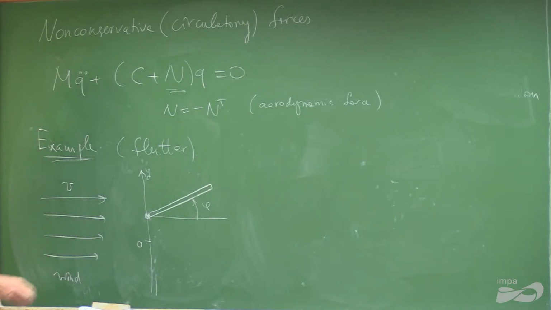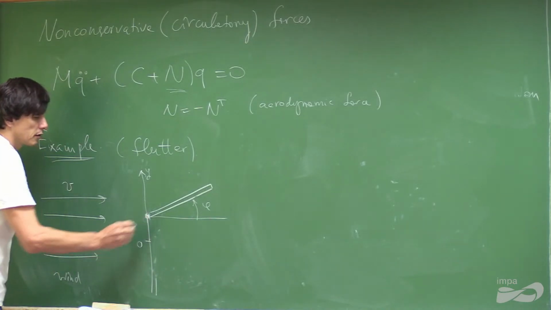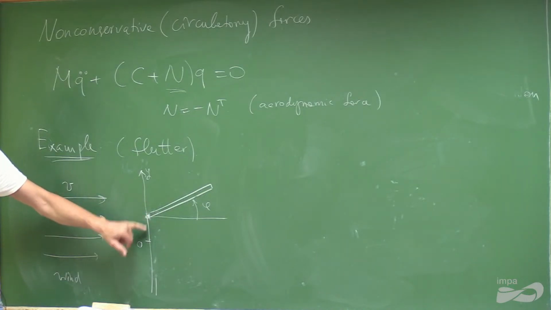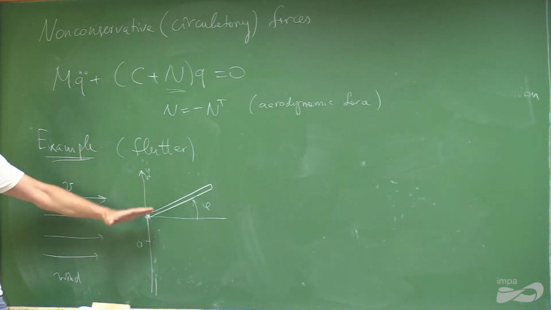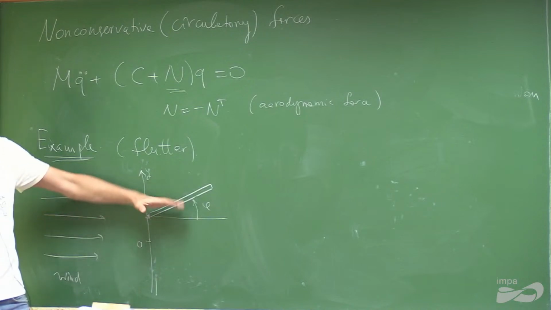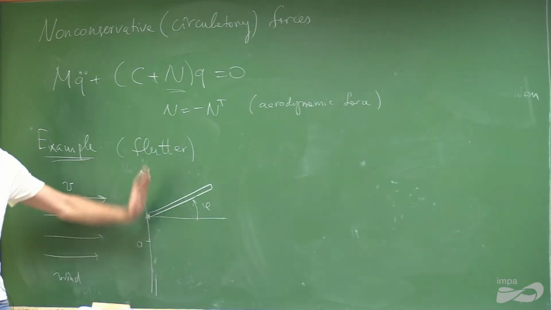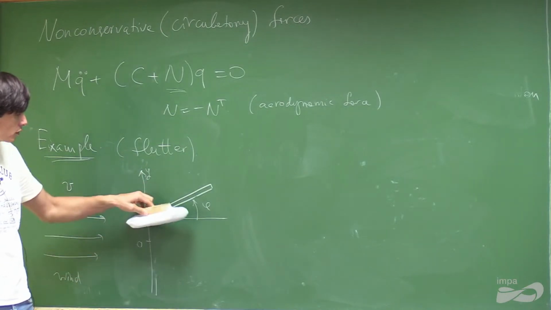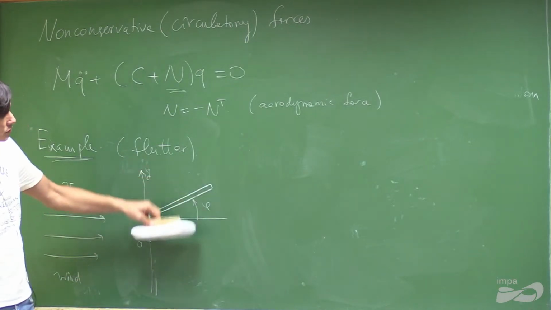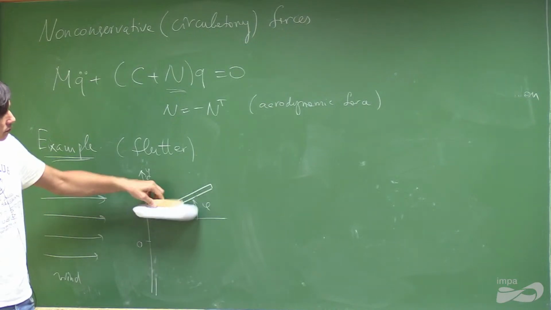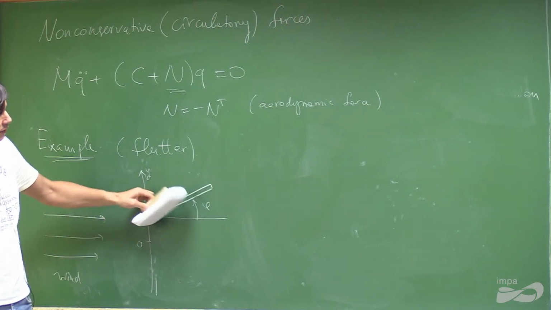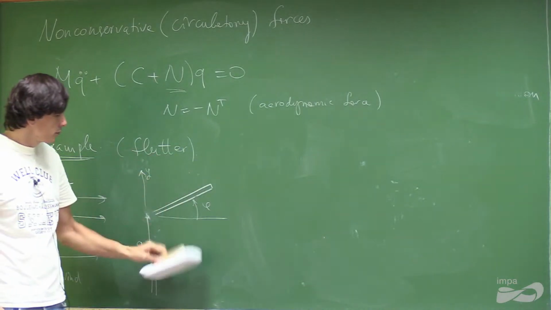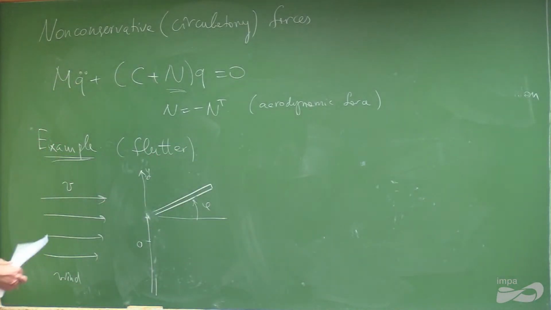Putting 0 somewhere, the position of the leaf is defined by the height of the left point and angle. So this is how it can move. So this is the leaf. If you just change position, it goes up and down. But if you change angle, it rotates. And if you change both, it can make this type of motion. Okay, so this is it.